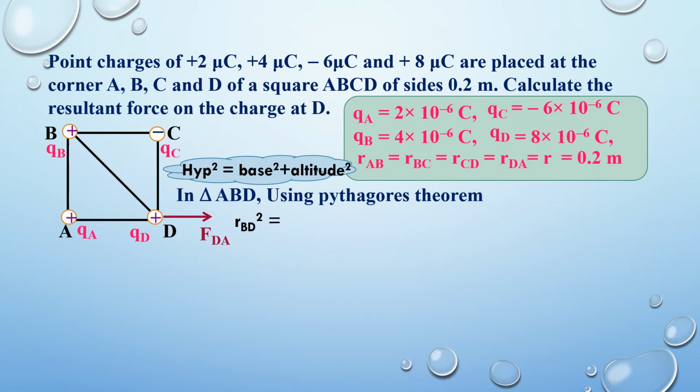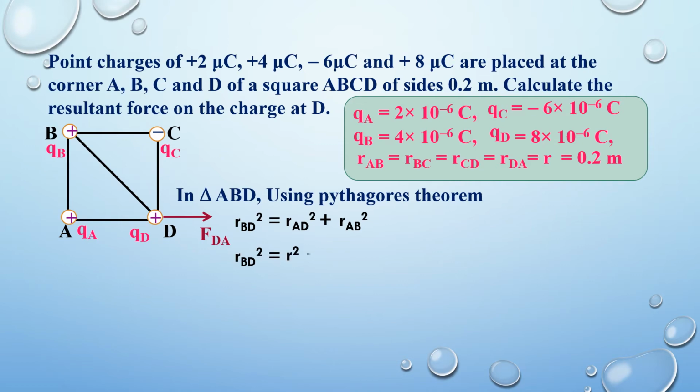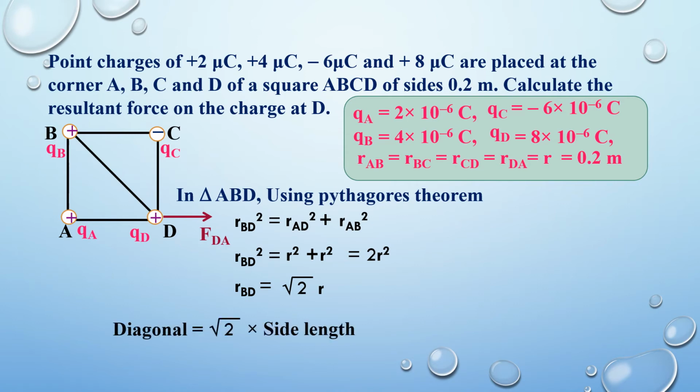So RBD squared equals AD squared plus AB squared, which is R squared plus R squared, which is 2R squared. So the diagonal is √2 into R, which is √2 into 0.2 meters.